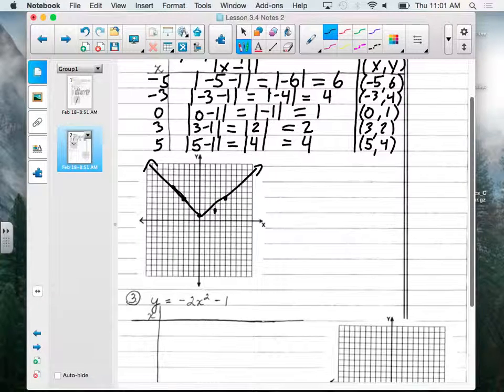I think our positive 3 must be 3, 3 instead of 3, 2. No, it can be 3 minus 1.